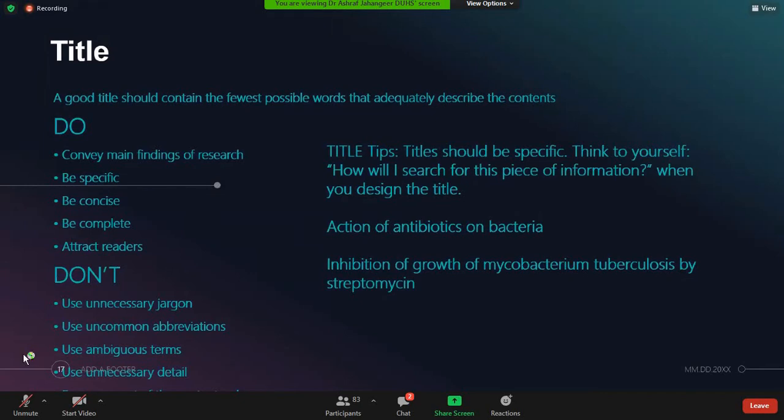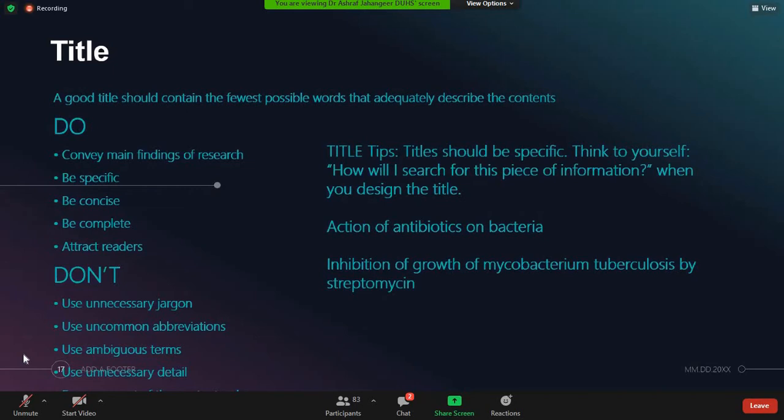So if you are able to write your title within 10 words, that's remarkable. If you are able to write within 20, that's still good enough. But maybe some journals, when you submit your manuscript to them, will ask you to revise the word count of the title.